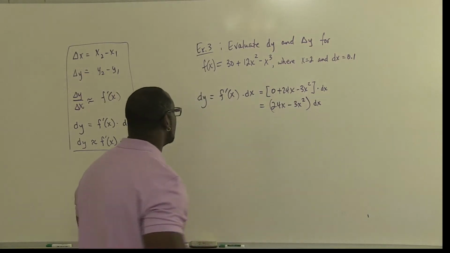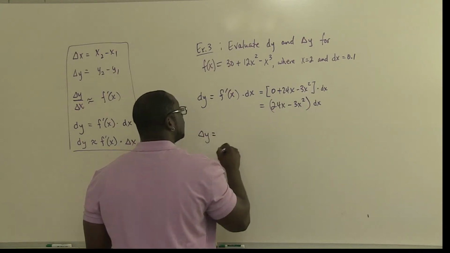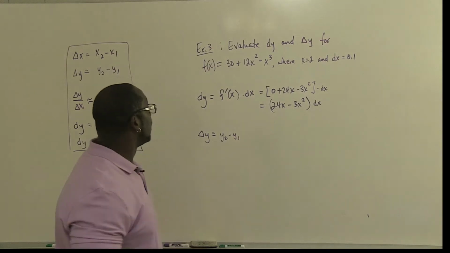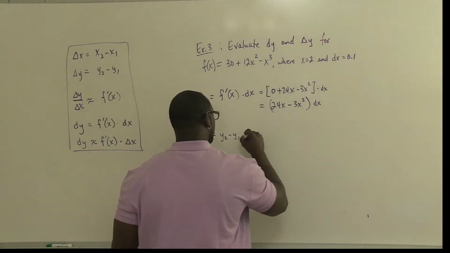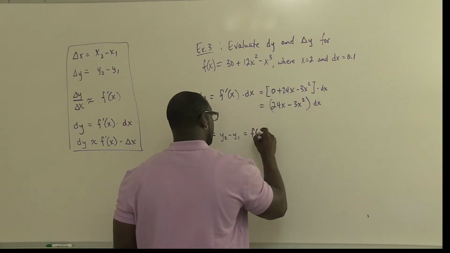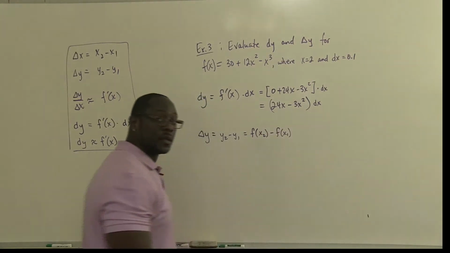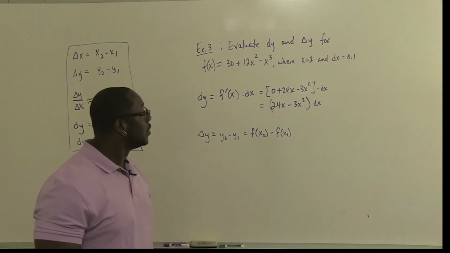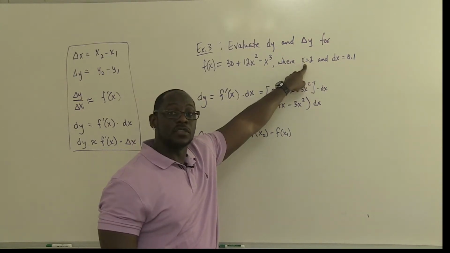Now for our incremental, delta y, this is going to be y2 minus y1, but since we have the function, we can translate this to f of x2 minus f of x1. Now the question is, what is x2 and what is x1? Well, you notice here that we're given x to be 2.